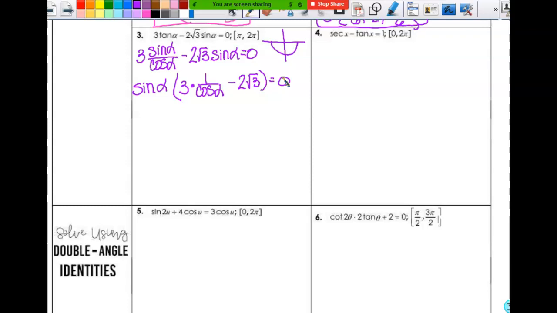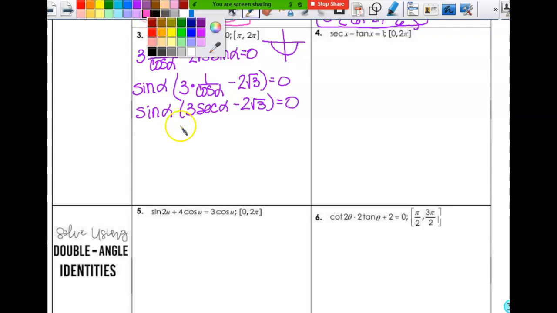So I would really rather not leave that as 1 over cosine. I would rather change that to secant. So this will give me sine alpha times 3 secant alpha minus 2 square root of 3 equals 0. So I factored out my GCF. I have two factors that I can actually solve here.